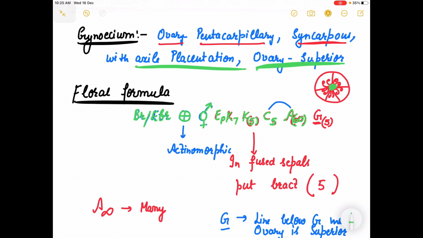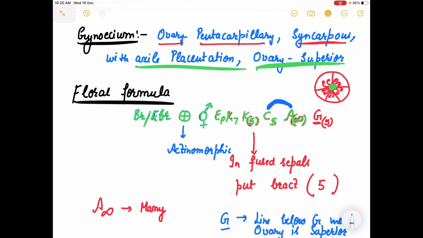And because calyx and corolla, they are attached with each other. Not calyx and corolla: corolla and androecium, they are attached with each other. So we write this line on both the heads.